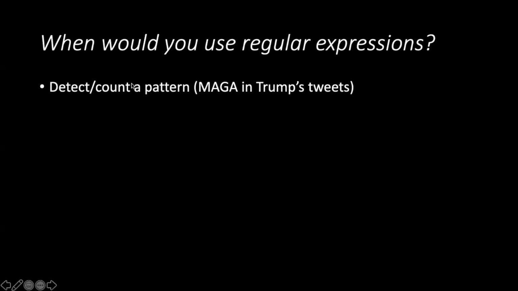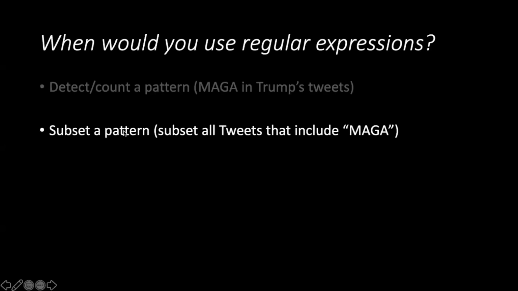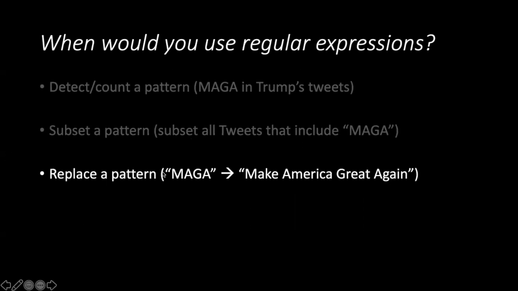We're going to go through all of these later, but I'm just going through the top 4 in my opinion. You might also be interested in subsetting all of the tweets that include MAGA. So when he does use hashtag MAGA or mention MAGA, what is he talking about? You could subset every single tweet that mentions this pattern. You could also replace MAGA. Say you were giving this to someone who doesn't know what MAGA means. You could replace that pattern so that every instance of MAGA now says, "Make America Great Again."